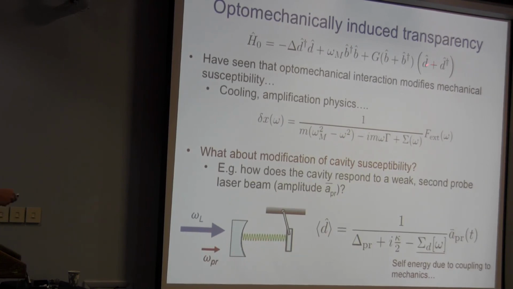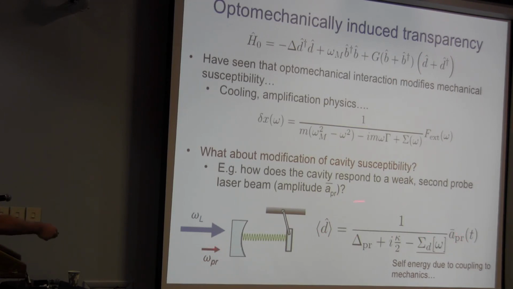And again, remember d is our photon lowering operator, once we've displaced away the amplitude we get from this large driving laser. Well, now with this weak driving probe laser, we're going to get some average value for this photon operator d. And that's going to be proportional to the amplitude of this probe beam.